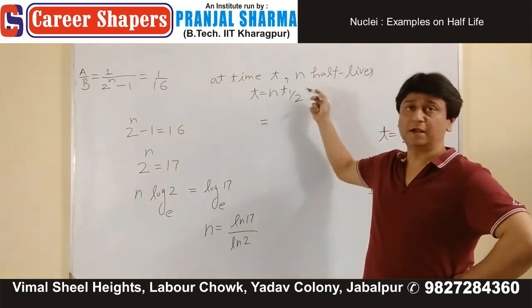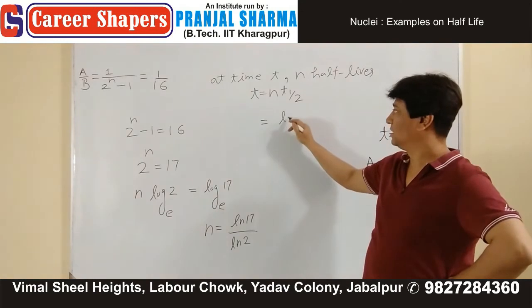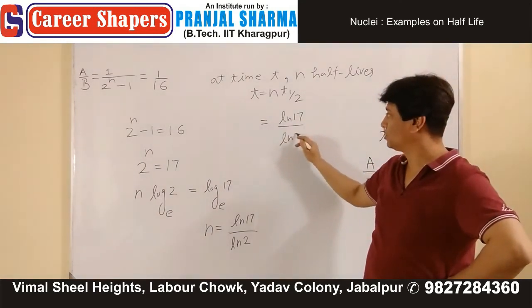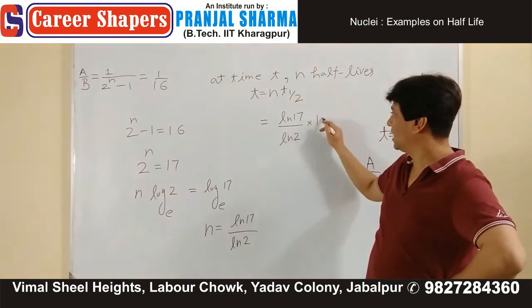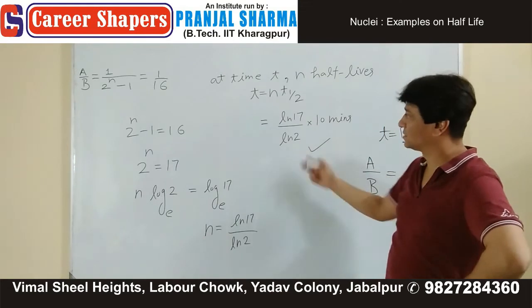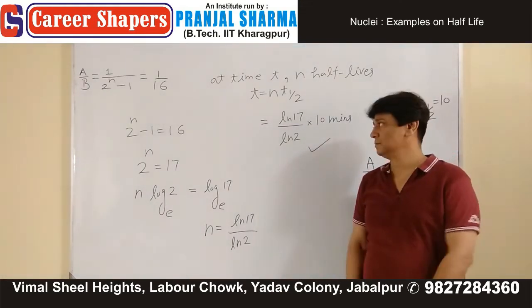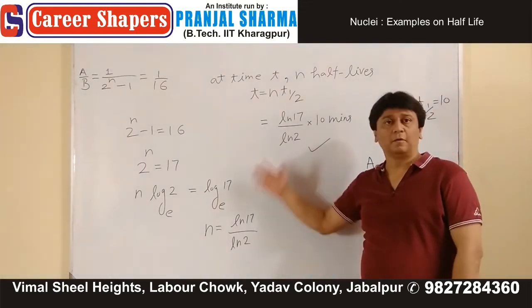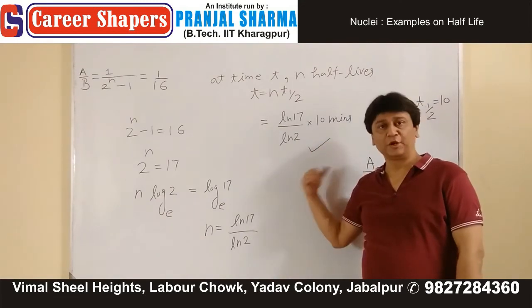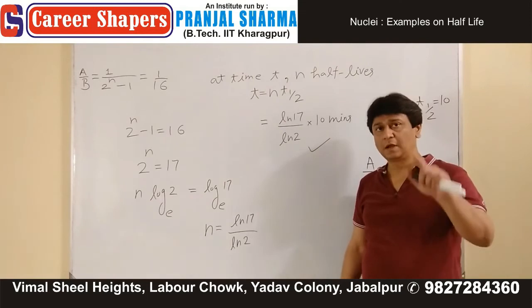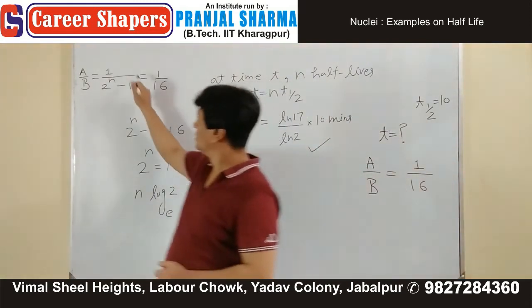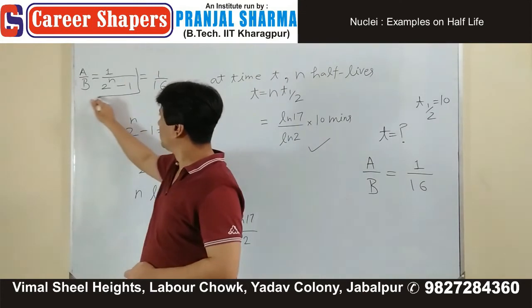T is n times t half: ln 17 divided by ln 2 multiplied by 10 minutes. That's the time. So now any question of ratio type can be answered using this result.